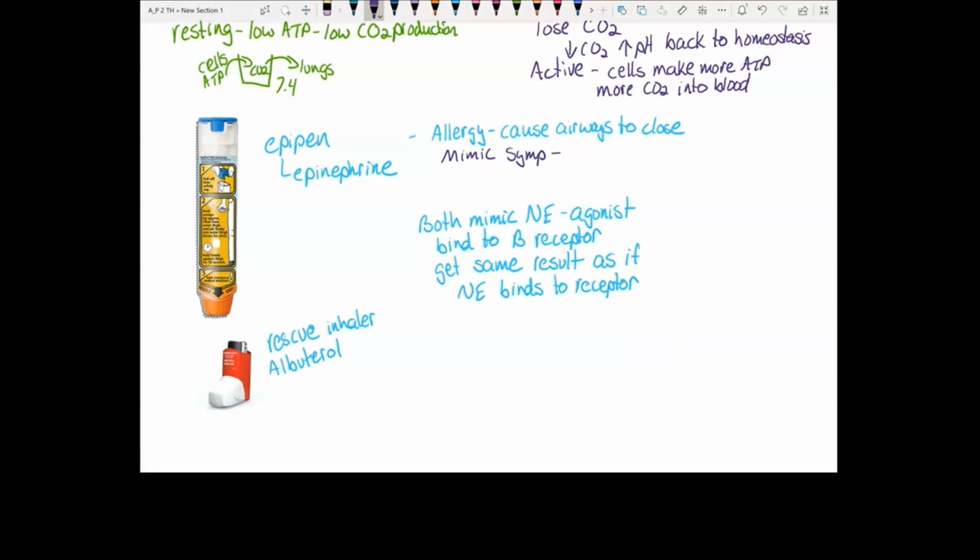And we know that sympathetic makes the airways dilate. So when you use that EpiPen, you get that medicine that binds to the beta receptors in the airways, and they dilate, and then you can breathe again. And this is common, like peanut allergies are common, bee sting allergies, anything where somebody could have a severe reaction, and they carry an EpiPen.